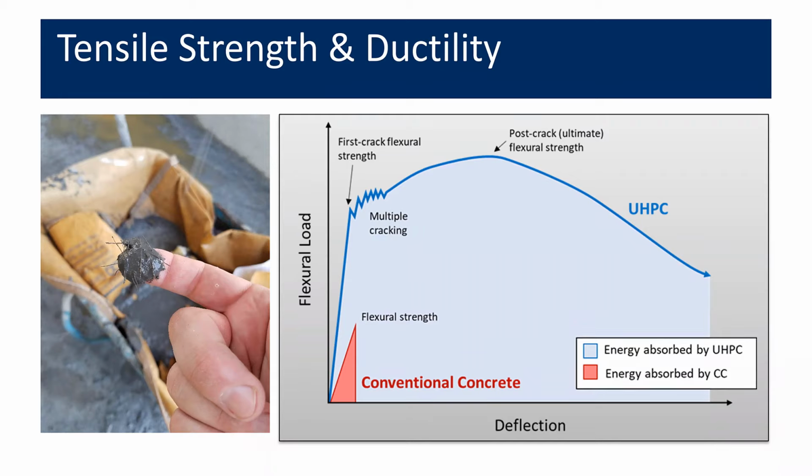But even after we get those cracks, the fibers hold those cracks together, absorbing energy as the UHPC continues to deform. The area under the curve in this kind of a plot represents that energy. So you can see how much larger the blue area is, representing the UHPC toughness, compared to the red, which is a conventional concrete.